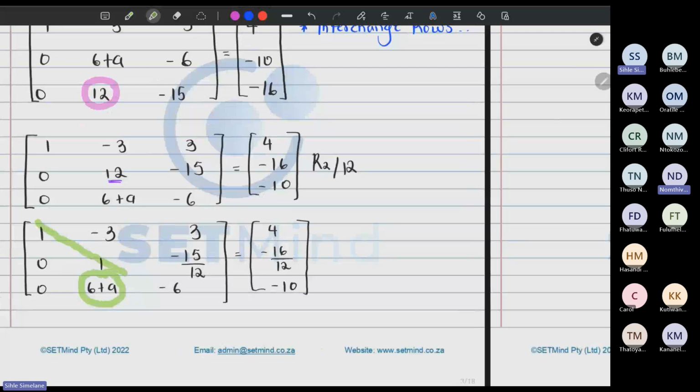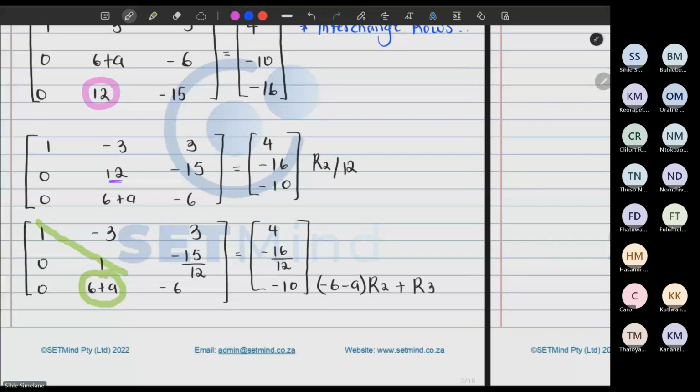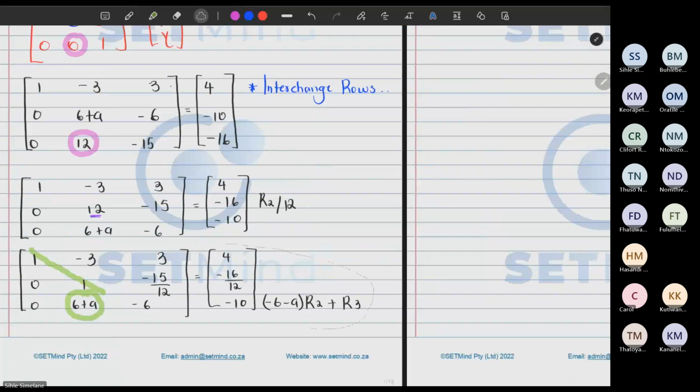We can say R2 multiplied by minus 6 minus a and then plus R3. On point. So we can do negative 6, negative a multiplied by R2 plus R3. This is what you are saying. Yes, sir.